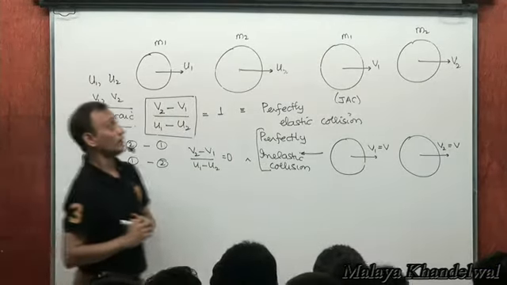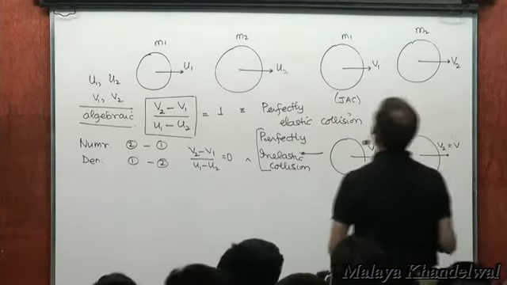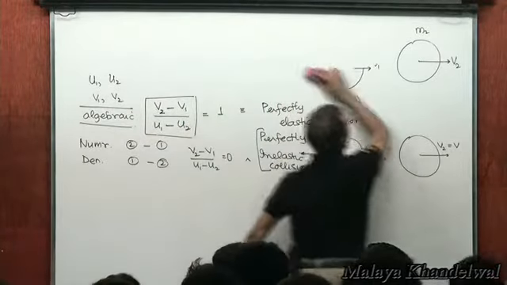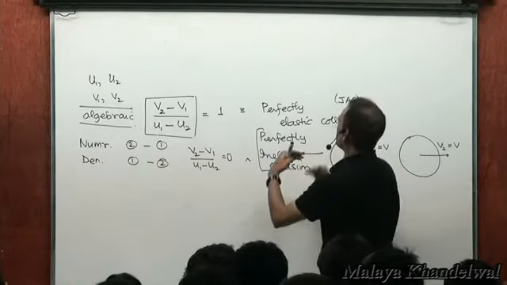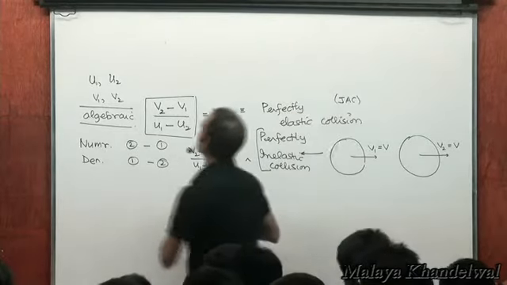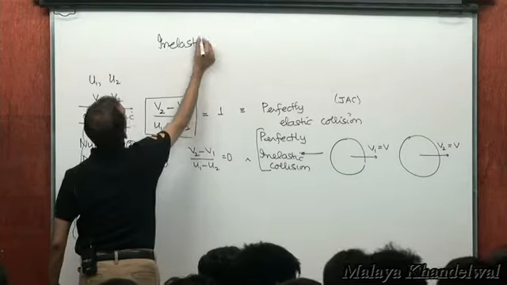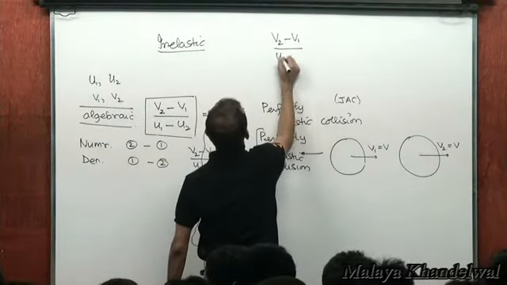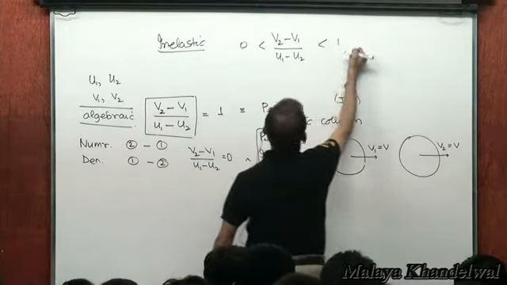In a collision which is inelastic, that means it's a state between perfectly elastic and perfectly inelastic. In such a collision, the expression (v2 minus v1) by (u1 minus u2) lies between 0 and 1.